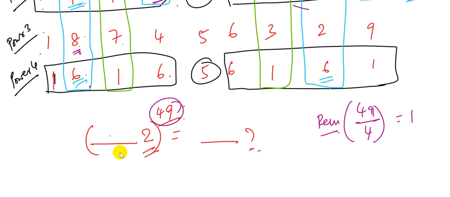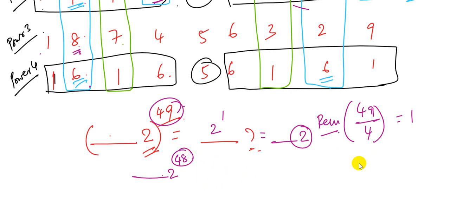So, that means this number will be equivalent to a number ending in 2 raised to the power 1, which is 2. So, this number will end in a 2. Now, if instead of 49 this is 48, some number raised to the power 48, the remainder of 48 by 4 is 0.